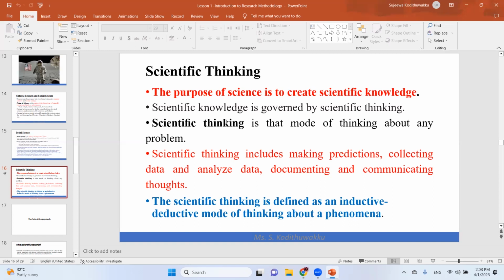Now, scientific knowledge is governed by scientific thinking. So, knowledge is the actual result of scientific thinking. Scientific thinking is that mode of thinking about any problem. It's actually the way you analyze the problem.